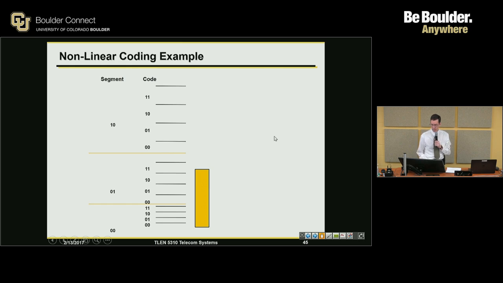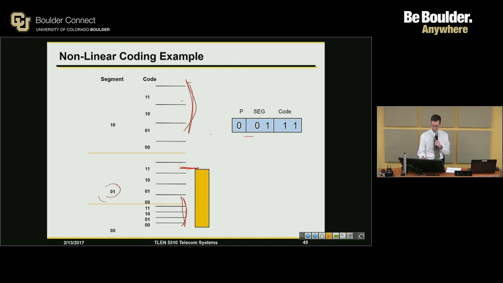For a nonlinear code example, it's the same thing, but now instead of my spaces being equal, my spaces are compressed at the low-level signals and expanded at the higher-level signals. So this would be the case if I've got a 1, 1, and here's my segment.